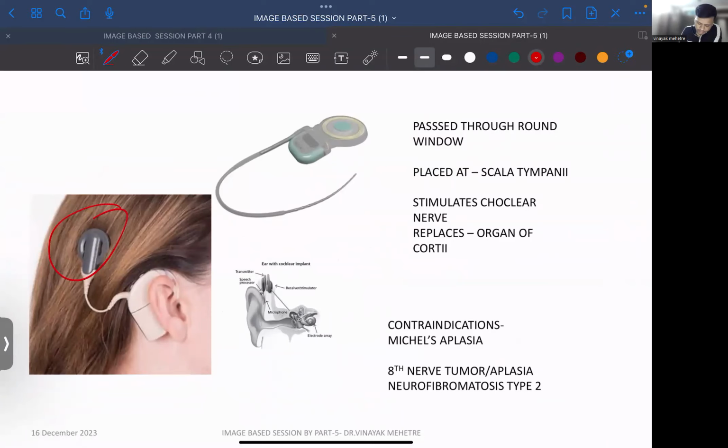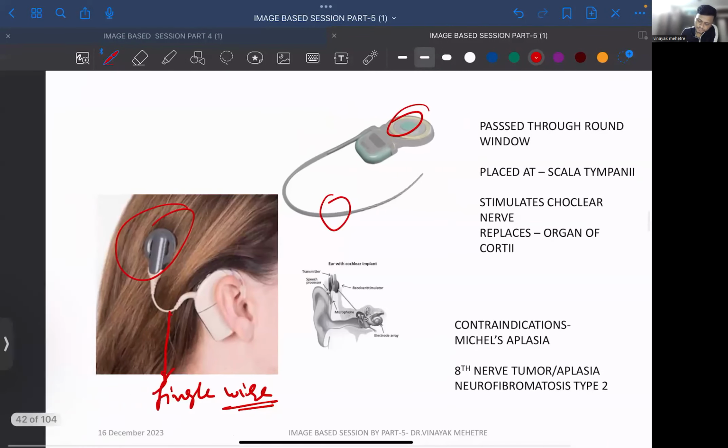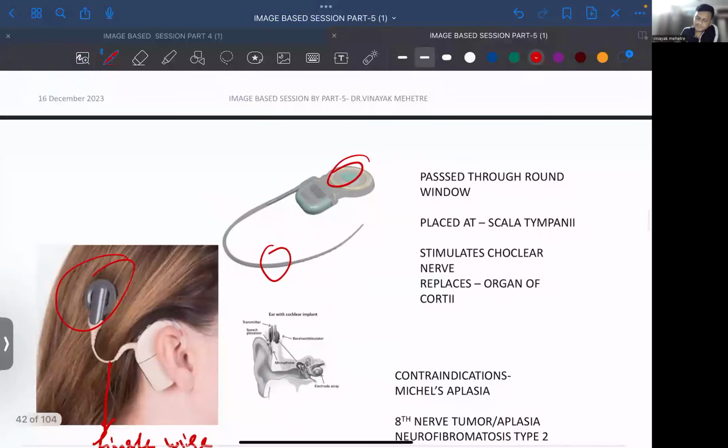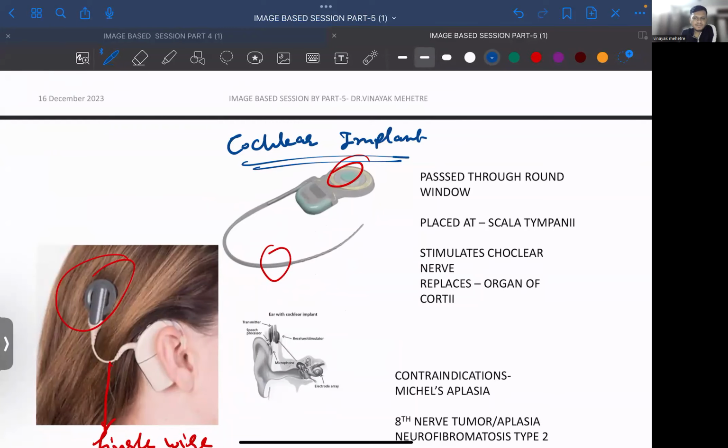A machine connected with a single wire. Okay, machine with a single wire is called as what? Anyone? Now problem is in the inner ear. Okay, cochlear implant. So it will replace SNHL, right? कब होगा?